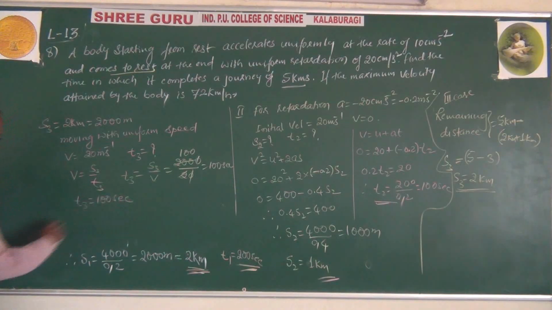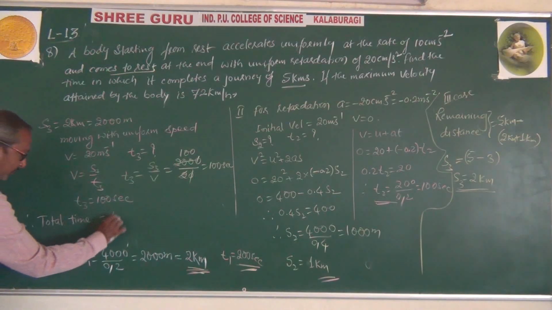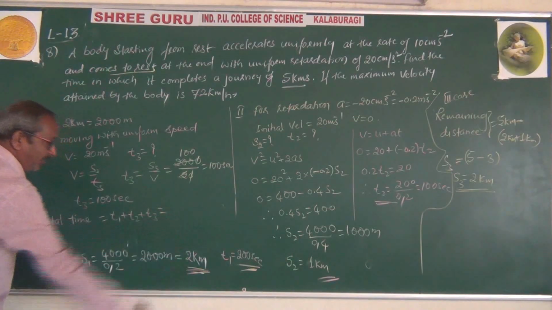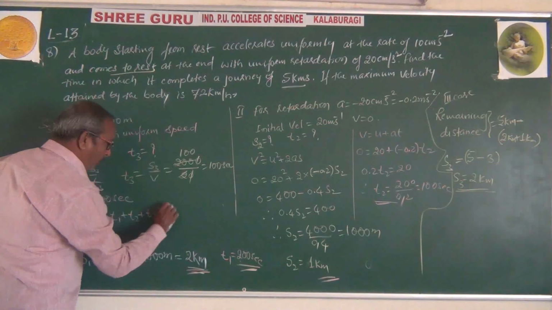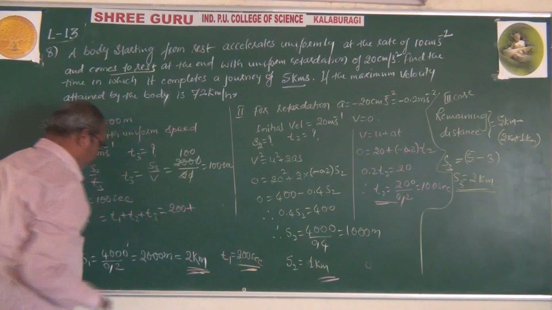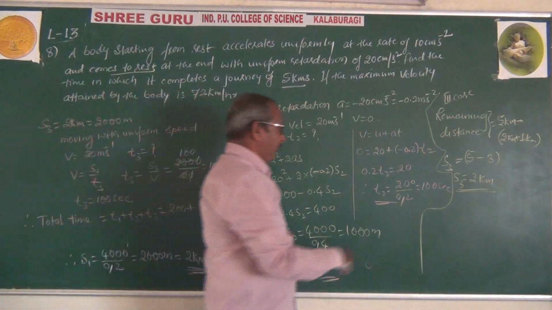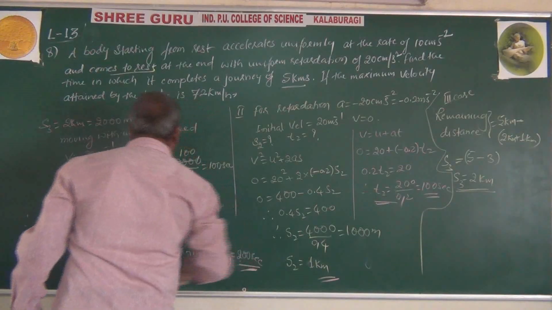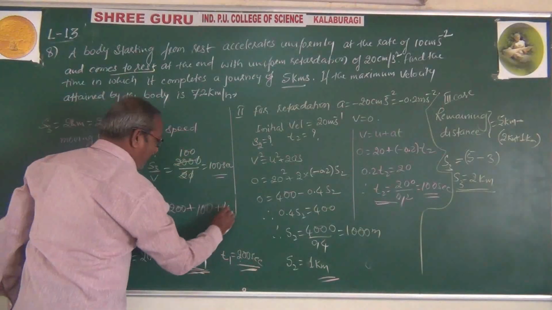So therefore total time equal to T1 plus T2 plus T3. What is the value of T1 here? 200, plus what is the value of T2 here? T2 is 100, plus T3 is how much here? Again 100.